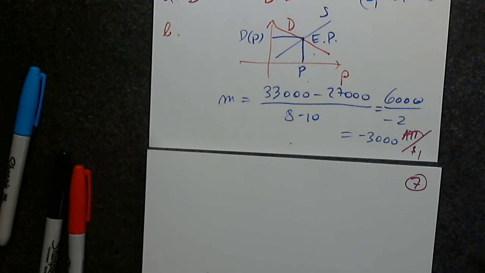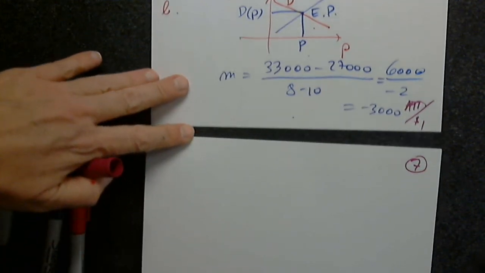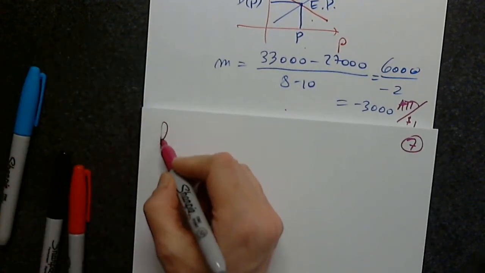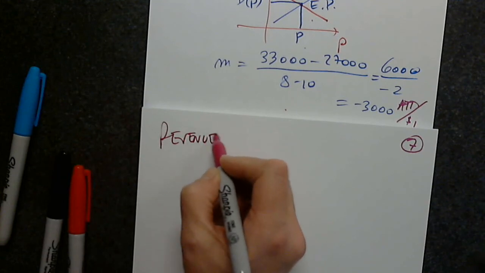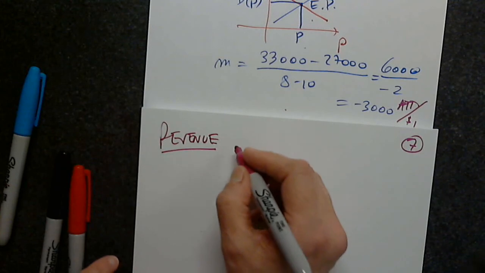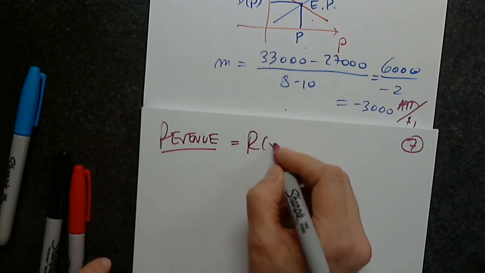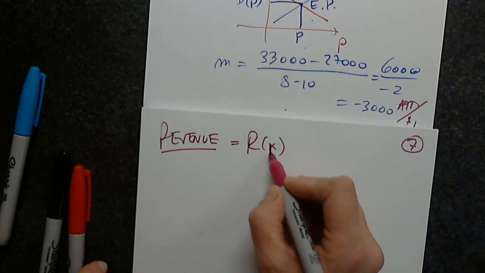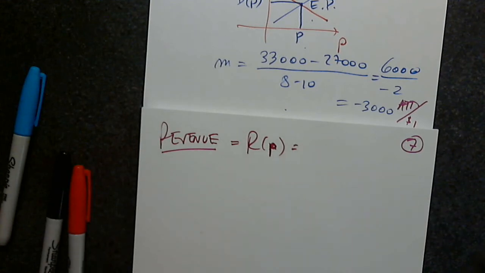So find the demand function, assuming that it is linear. How should ticket prices be set to maximize revenue? Okay, that's a different story, right? How do I determine the revenue? So the revenue is R of X or R of price or a combo.